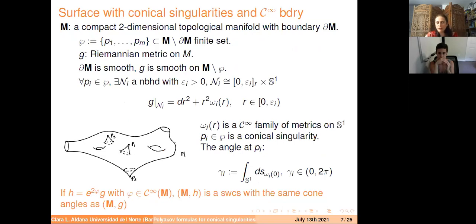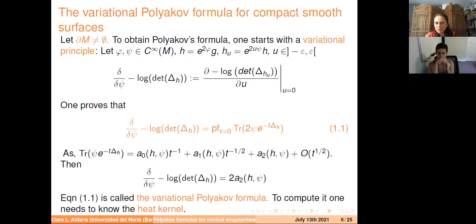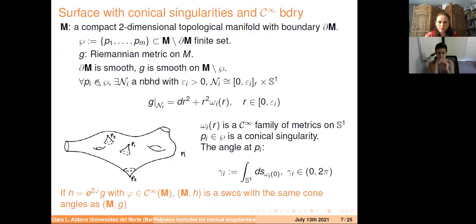So now, one integrates this formula in the direction of these conformal factors, and then one obtains the Polyakov formula. Now for surfaces with conical singularities and a smooth boundary, I will first introduce the definition of these surfaces.